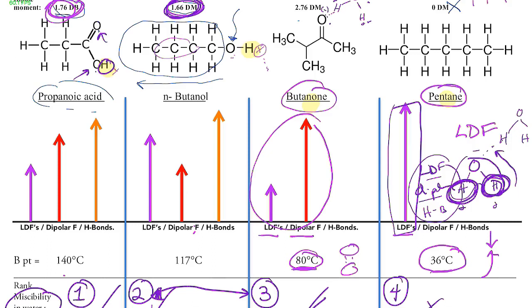And of course, this wouldn't be on a test, but I'm just kind of going over this, looking to see how polar butanone is and how this being so polar will attract water so much and water will H bond. I'm kind of thinking that this should be the 2 and this would be the 3. And we can have that discussion, but I'm going to say because of the polarity, even though it doesn't H bond with itself, because it's so polar, it can definitely H bond with water. I'm going to change that. And I know my key I just posted has the opposite, but hey, I keep thinking, keep going.